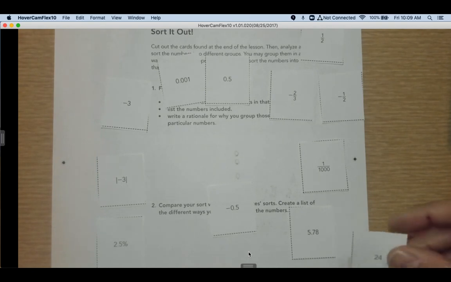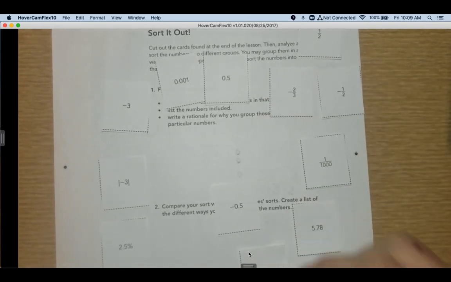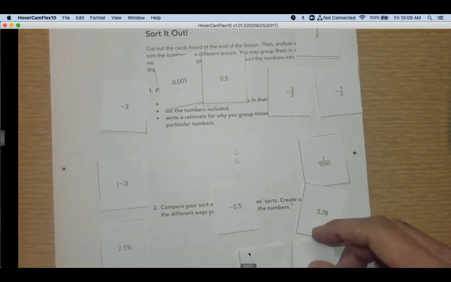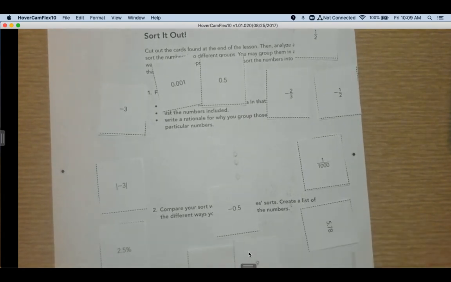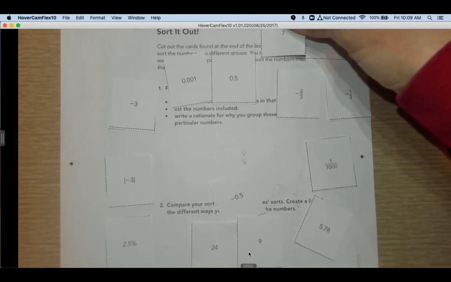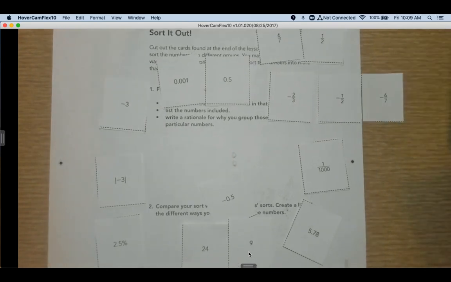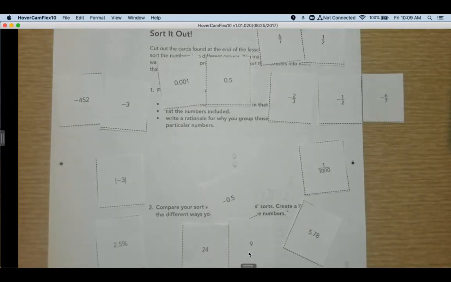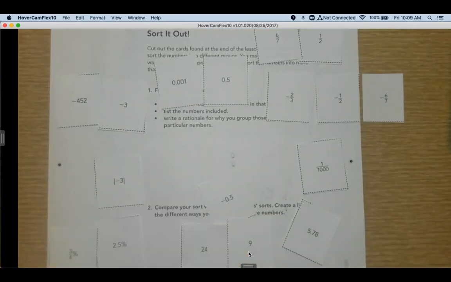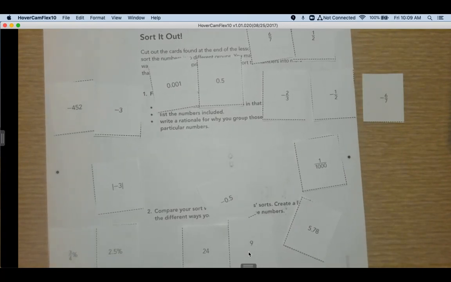Here we got a whole number. Here we got another whole number. Here we've got another positive fraction, negative fraction, negative whole number, another percent, that 3/4 of a percent, which is 3 out of 400.